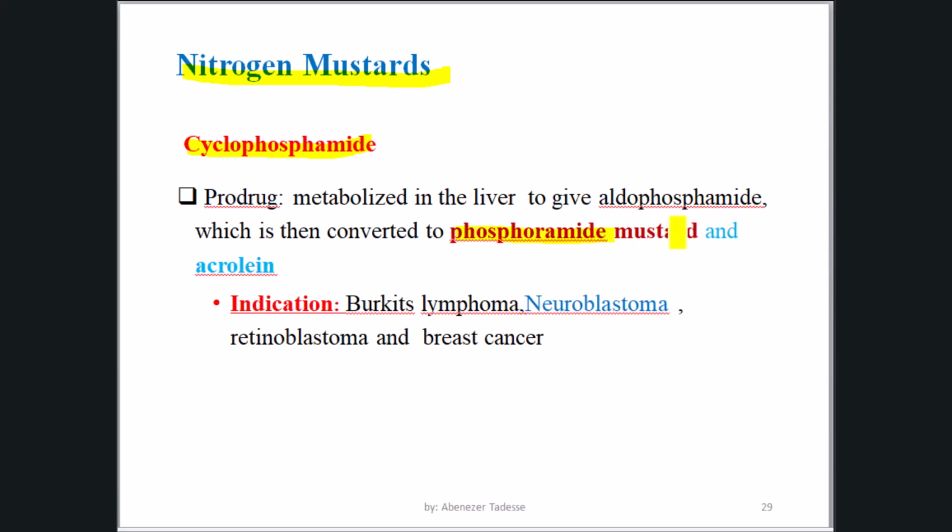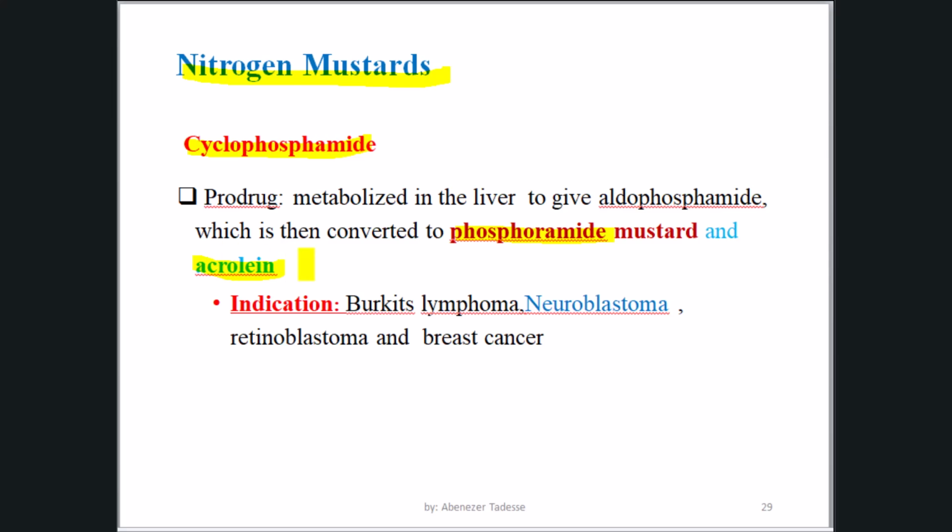Both acrolein and phosphoramide mustard have cytotoxic activity, but acrolein is very dangerous and can result in hemorrhagic cystitis, urinary bladder inflammation and damage. So cyclophosphamide should be given with Mesna as well as N-acetylcysteine to avoid any damage to the bladder.